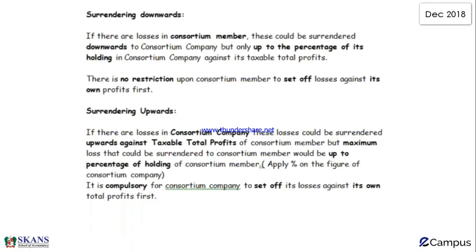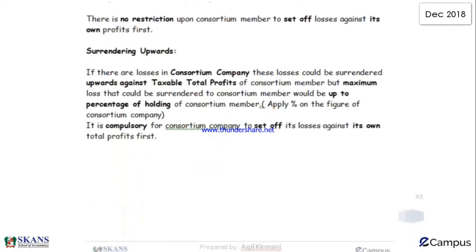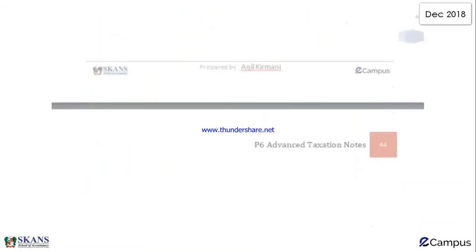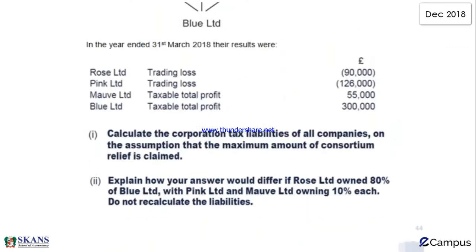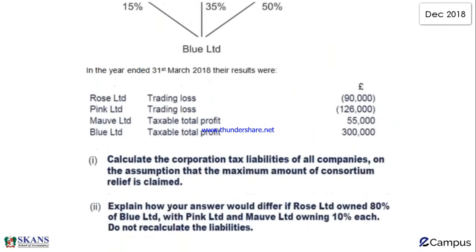All right, now I have included an example over here for your consideration. So let's have a look at this example. There are losses in Rose as well as in Pink Limited, and Mauve Limited and Blue Limited are profitable companies.